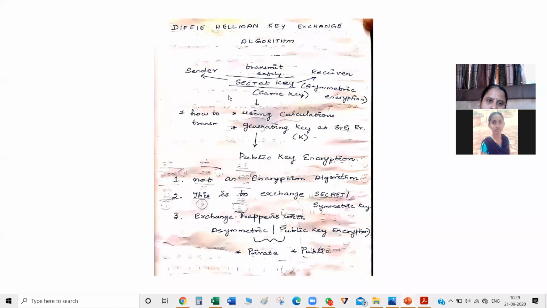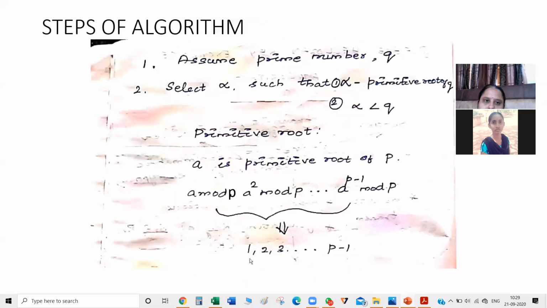But here, in the Diffie-Hellman key exchange algorithm, we are using a technique to exchange the keys between the receiver and the sender. Here we will discuss the steps of the algorithm. The first step is we have to assume a prime number q. Second step, select alpha such that alpha is a primitive root of q.